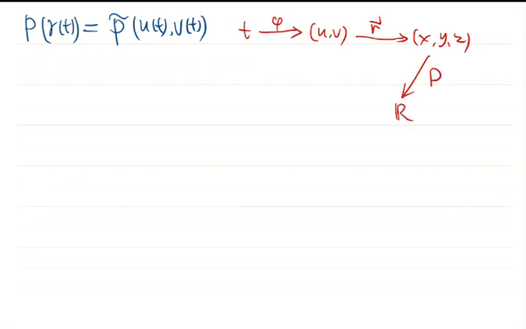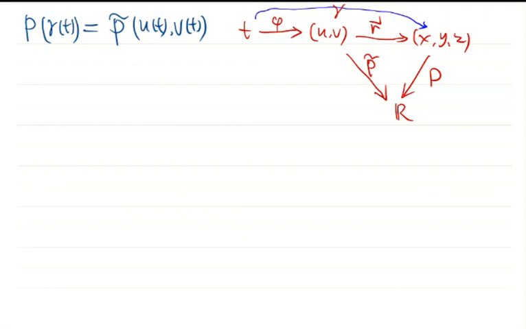Because x, y, z are functions of (U,V), making the composition with P we obtain a function P tilde of (U,V). And of course, the composition of phi and R is our gamma. That is the relation of the variables.